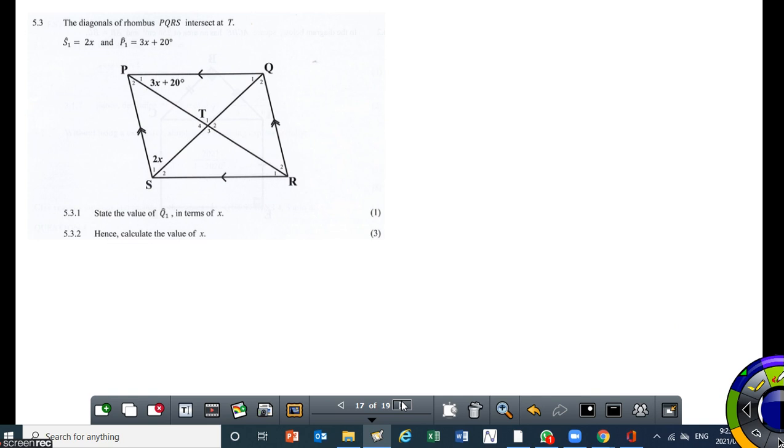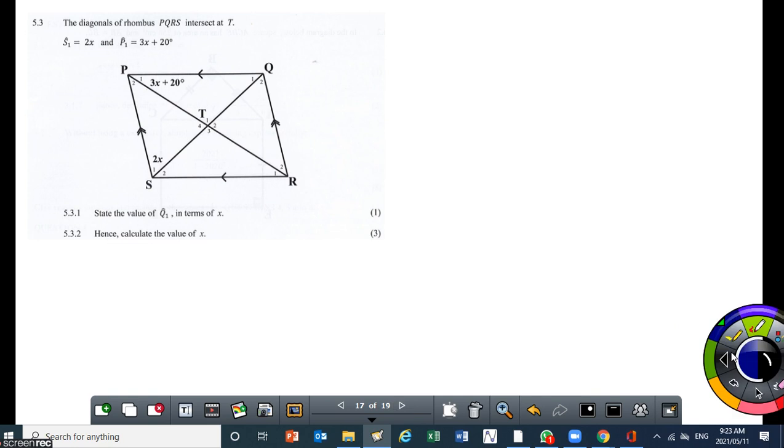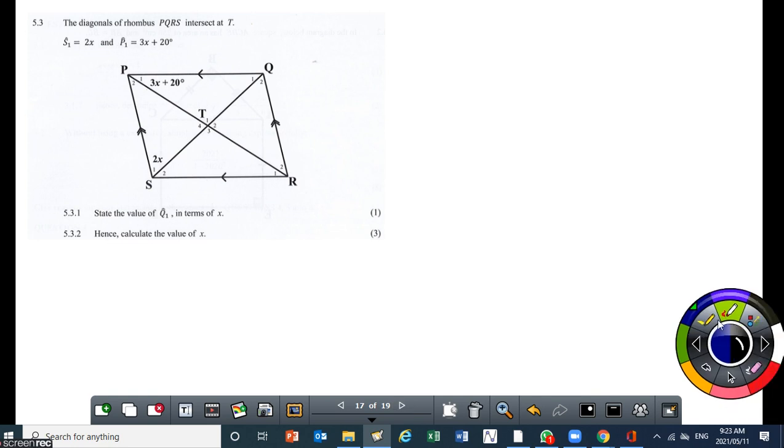5.3. So we are given the sizes of angle S1 and angle P1 in terms of x. So first, we need to state the value of Q1 in terms of x. Now, before we move on, I want you to be aware that for this diagram, if you look at it carefully, we are told that it's a rhombus.